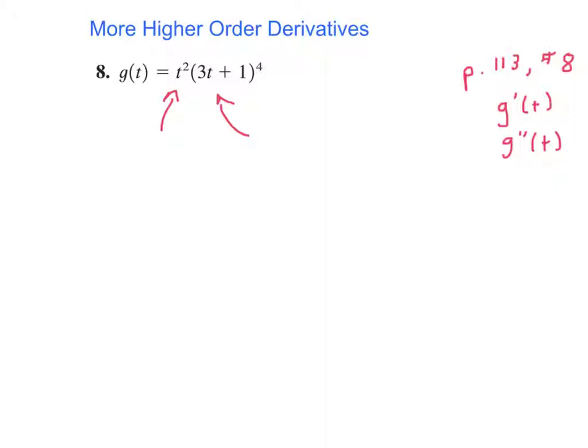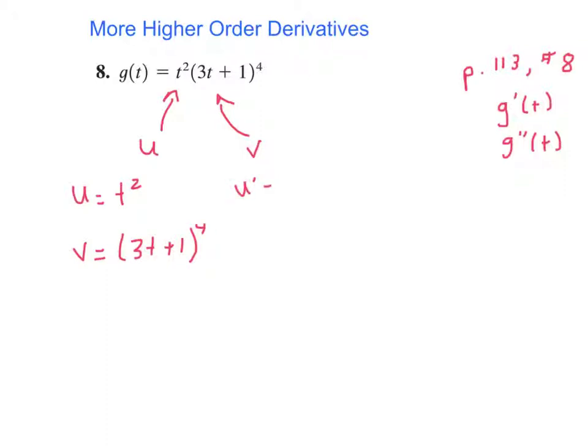So our strategy has been to break those factors up into two pieces, u and v. We list what u is, in this case t squared. We list what v is, in this case 3t plus 1 to the fourth power. And we also write their derivatives.